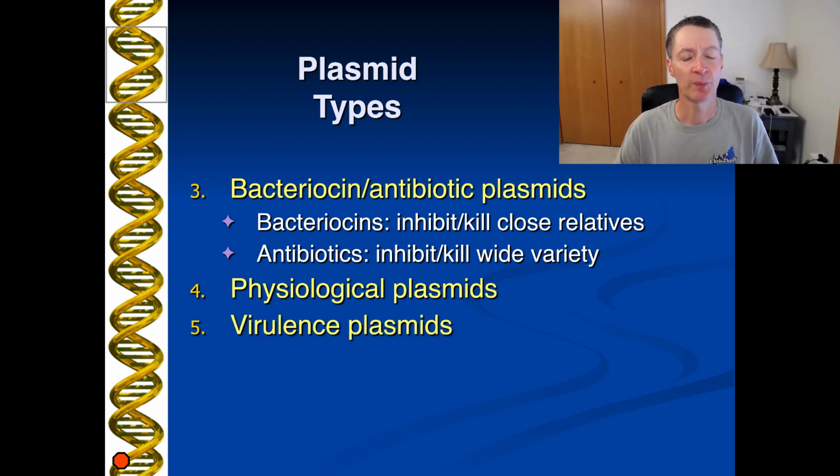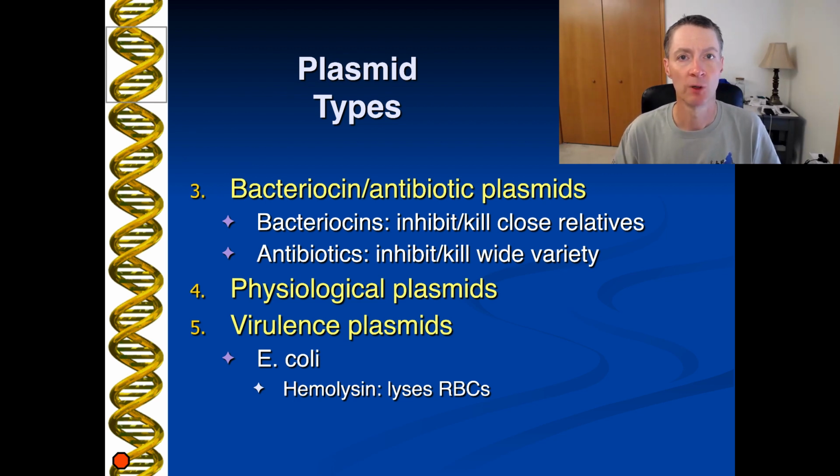A virulence plasmid. Okay, so an example here might be a plasmid with a gene that codes for hemolysin, an enzyme that breaks down red blood cells, like we've seen in our agar plates, right? So E. coli might make a certain amount of hemolysin, and this will break down red blood cells, and they get nutrients from that.